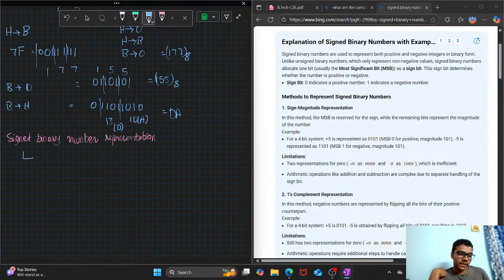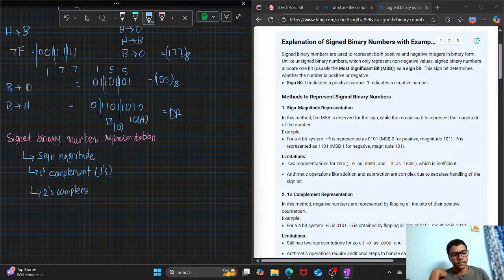So there are mainly 3 ways of representing it. That is sign magnitude form, and 1's complement form, and 2's complement method. So these are the ways of representing it.